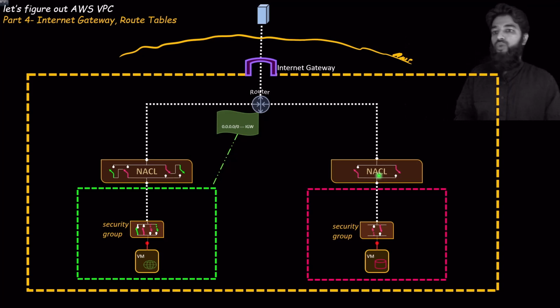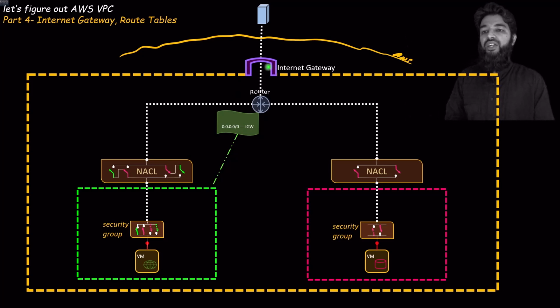Got it? So basically, create an Internet Gateway, then configure your router with certain configurations which will tell the router to forward that traffic to Internet Gateway, and then associate your subnet to that router configuration so that the router knows that this configuration is with this subnet and I need to apply these instructions.